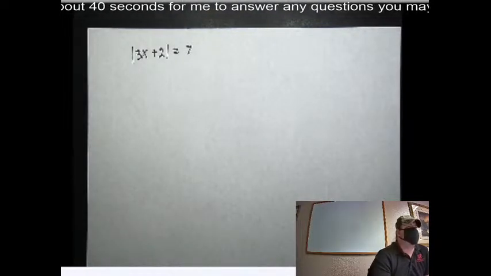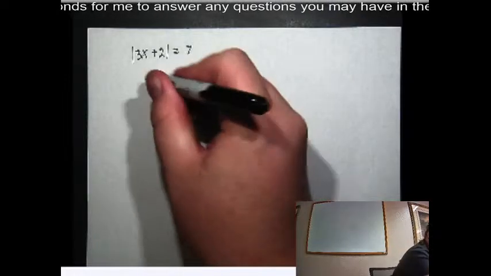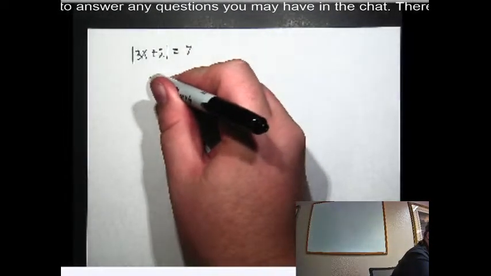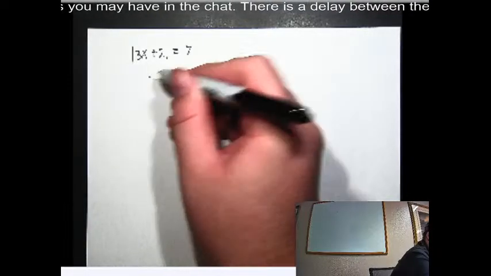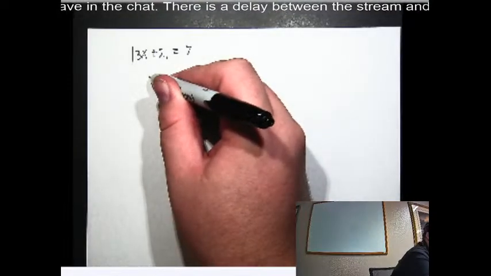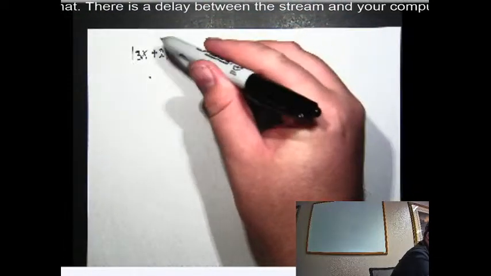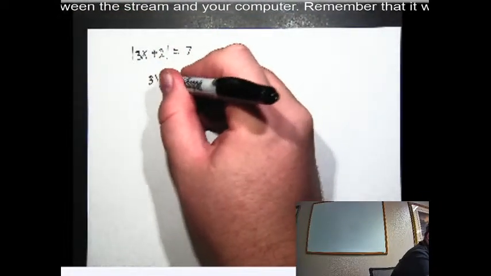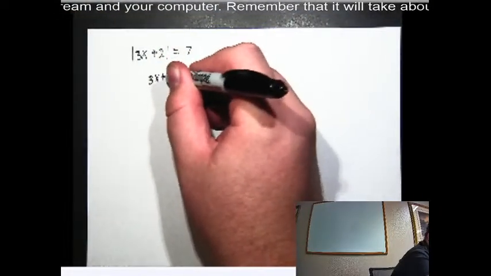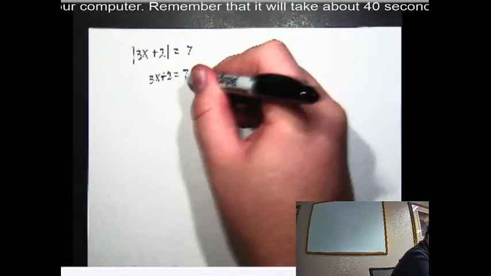So we need to break this up into 2 parts. What's the first part? Okay, so the absolute value would give us 7. So 3x plus 2 could be what? 7.